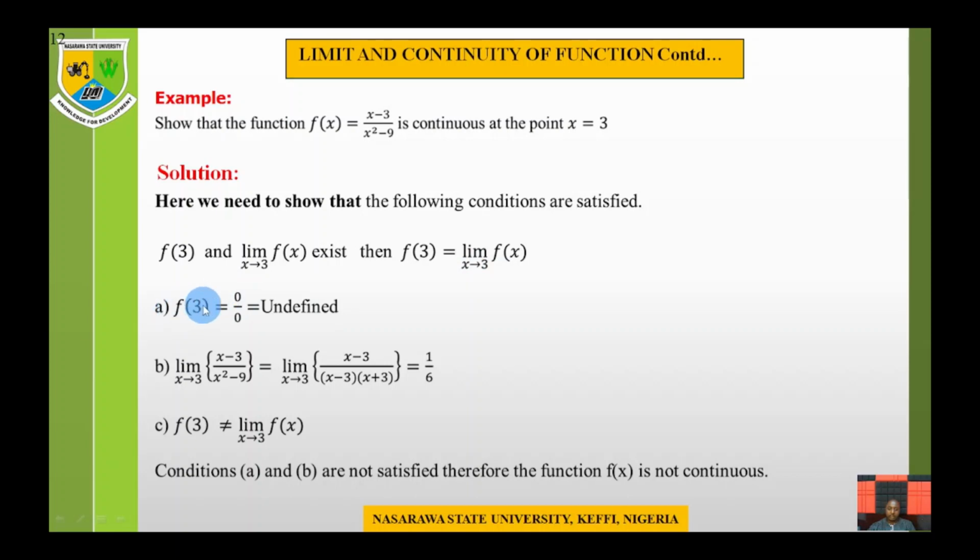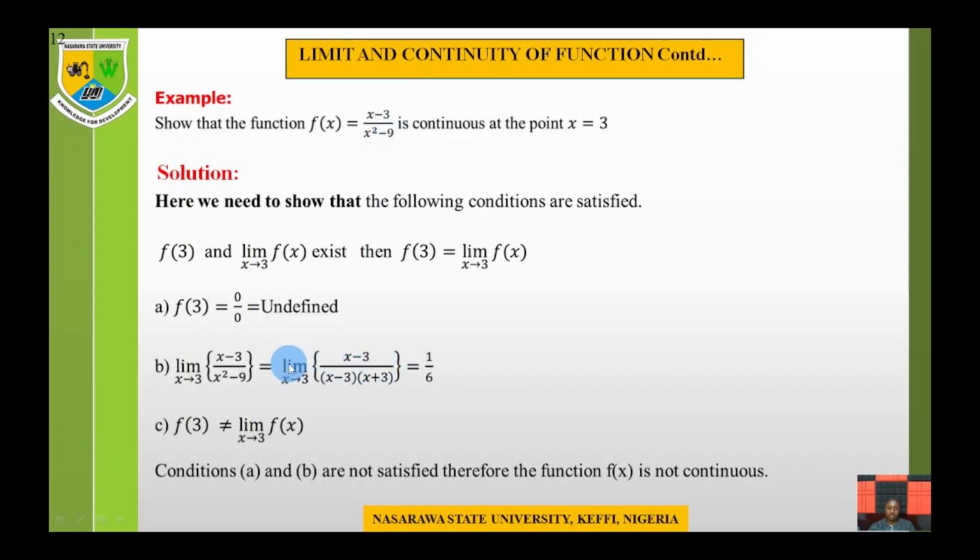Now A, f of 3, when you make direct substitution, is going to give you 0 all over 0, which is what? Undefined. B, limit as x approaches 3 of x minus 3 all over x squared minus 9 is equal to x minus 3 divided by x minus 3 times x plus 3, when you factorize the denominator of your original function, which is x squared minus 9, using the difference of two squares.